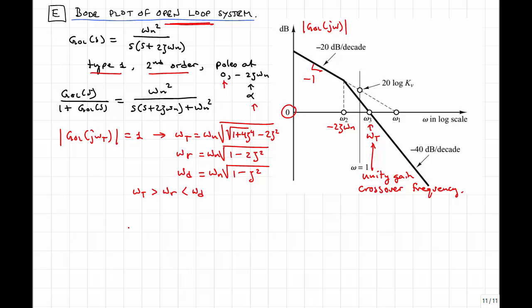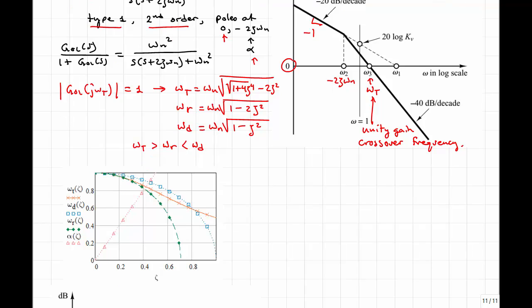So let me show you a plot of that. Here's a plot of the three frequencies. I've also plotted alpha, which is 2 zeta omega n. This is for the case where omega n is equal to 1. Okay, so omega n is right up here. And we see the orange, this is omega t.